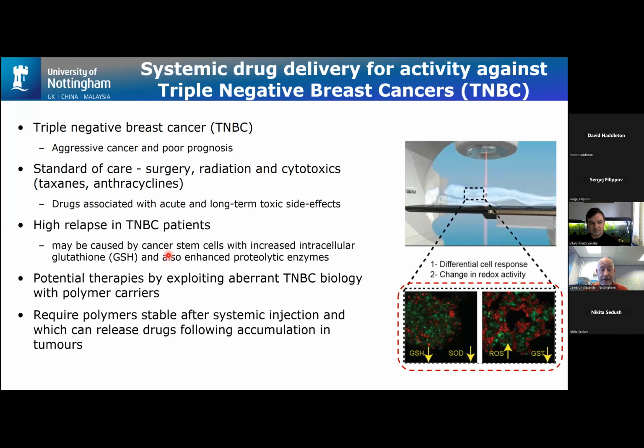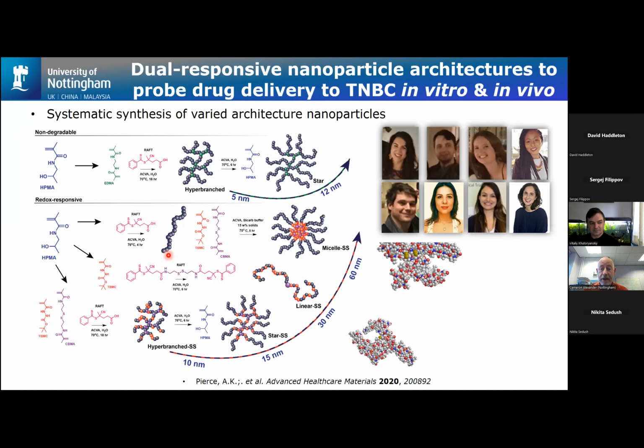I'm only going to talk about a small part of this work today, but essentially we made a whole bunch of polymers with different sizes and different architectures, but also with the drug compound attached via a Schiff-base linkage and with some reducible branching agents, and we also put in some reducible components in attaching to the drug.